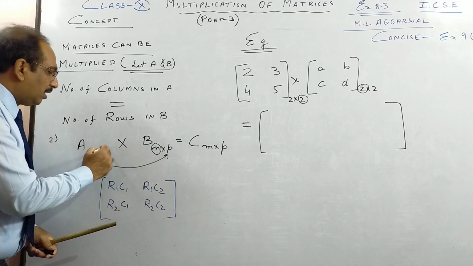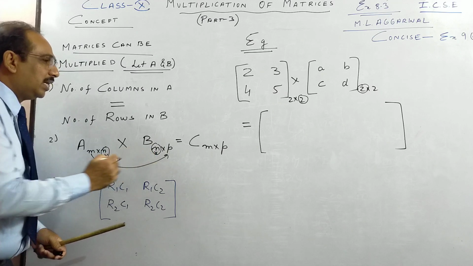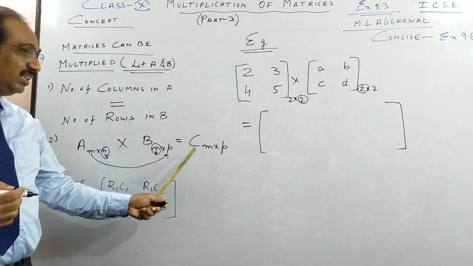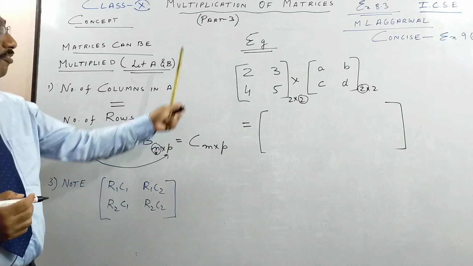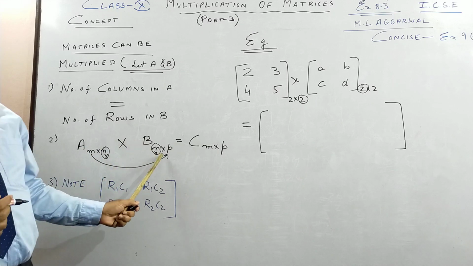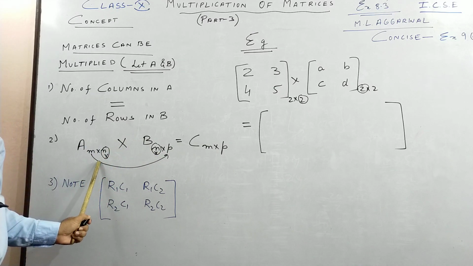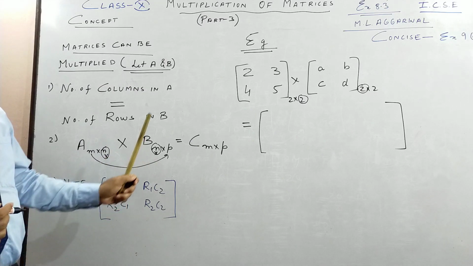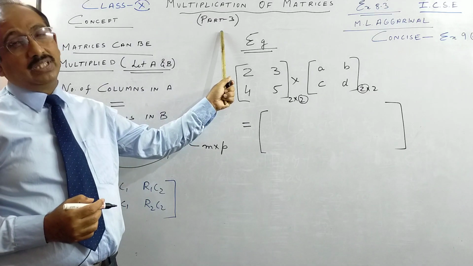Imagine if they are equal, just cancel them to understand. The final matrix will have order m into p. This will become clearer when I multiply two matrices whose orders are not the same, but one thing will be the same, children: the columns of the first will be equal to the rows of the second.